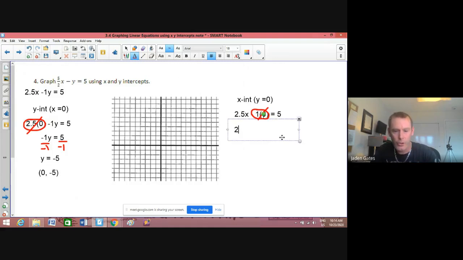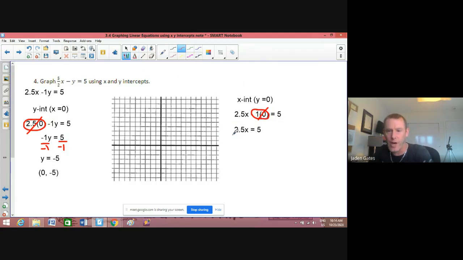So what I got is 2.5x is equal to 5. And again, I want to divide by my numerical coefficient, which is the 2.5. What I do to one side, I do to the other. All right, so these 2.5s divide each other out.